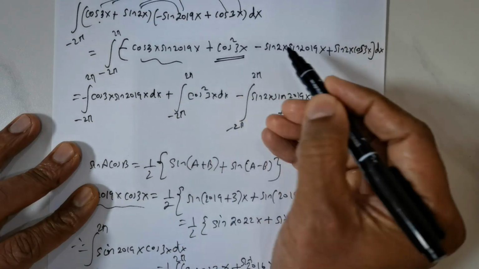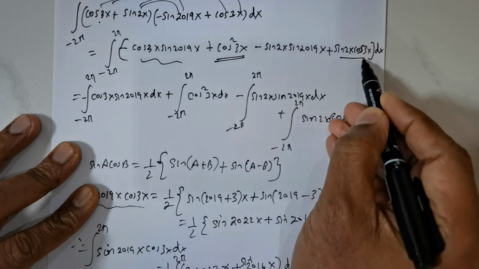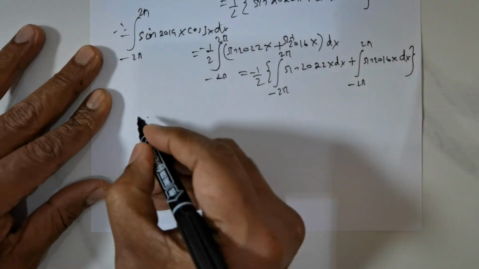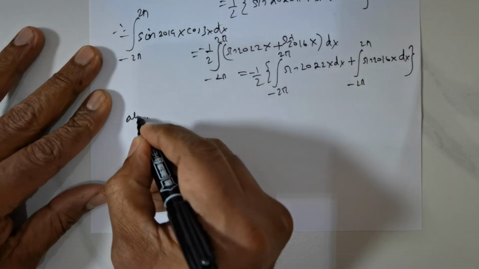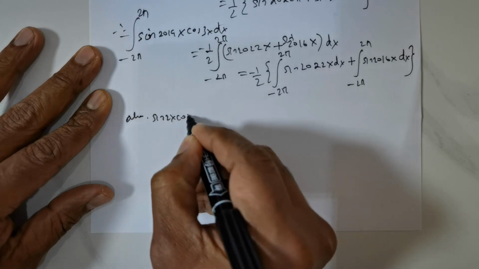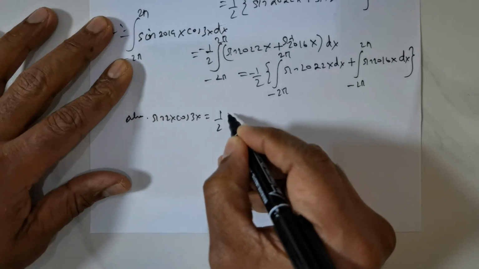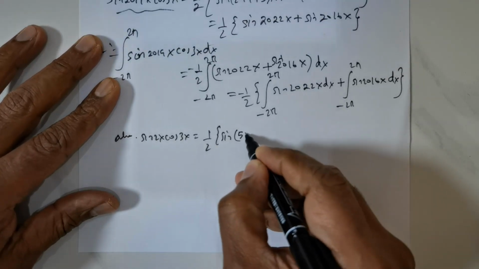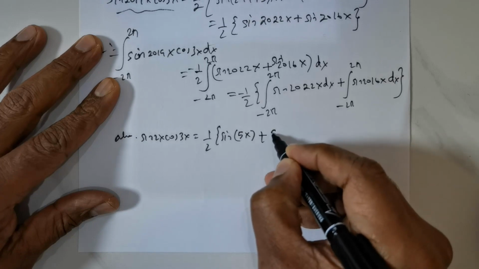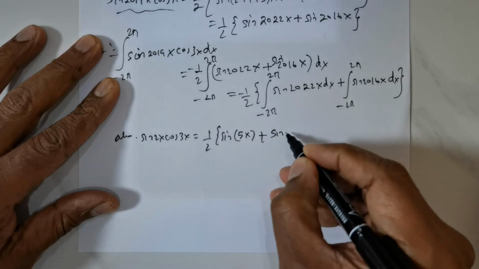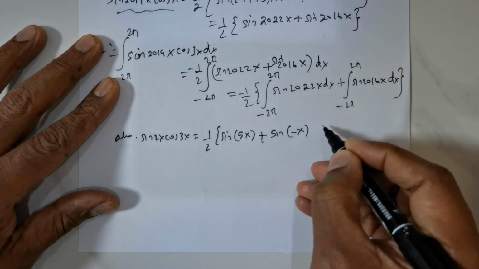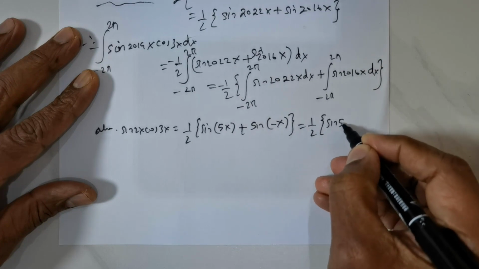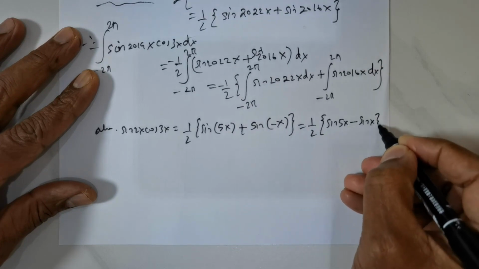Now this is easy to integrate, so this one can now be considered because it's of the form sine A cos B. So I'm going to utilize the same formula. Also sine 2x times cos 3x is going to be equal to 1 over 2 times sine of 2x plus 3x, that's going to be sine 5x, plus sine of 2x minus 3x, that's going to be sine of negative x. Sine is an odd function, so this can be rewritten as sine 5x minus sine x.